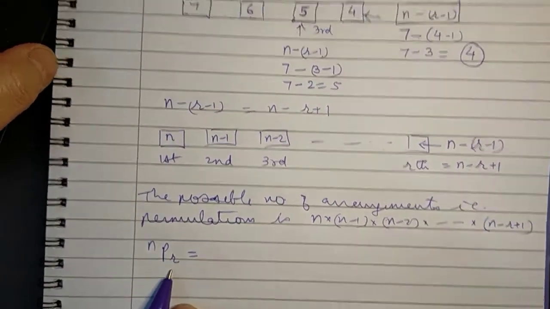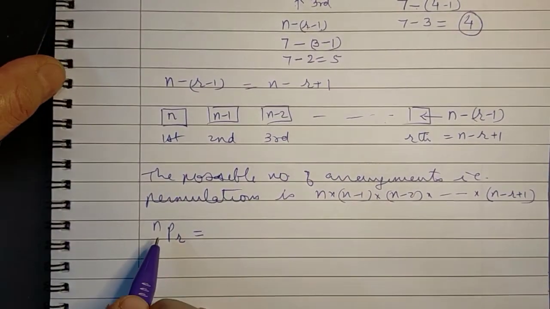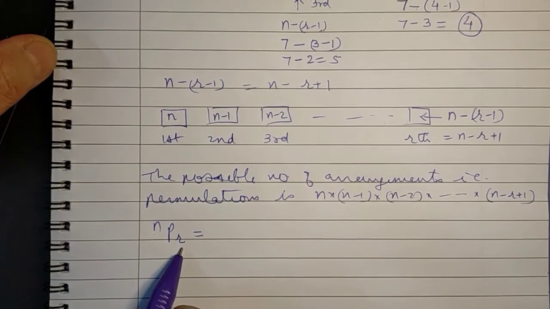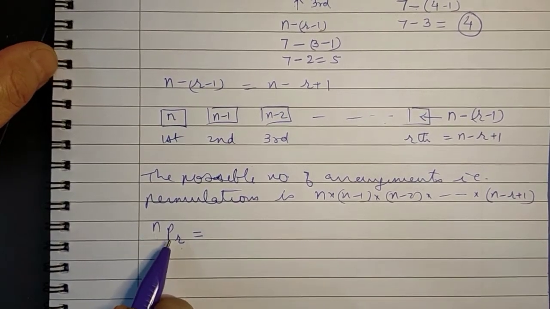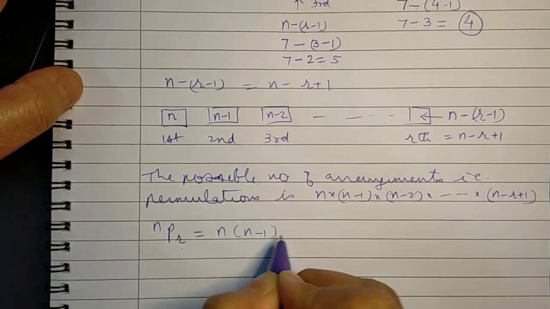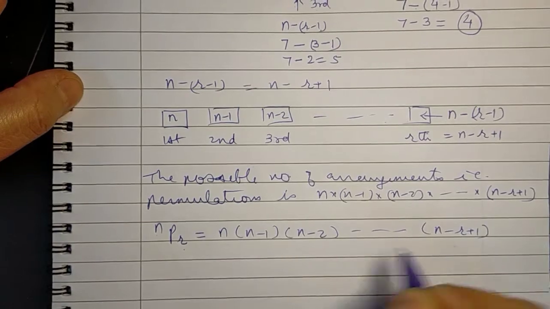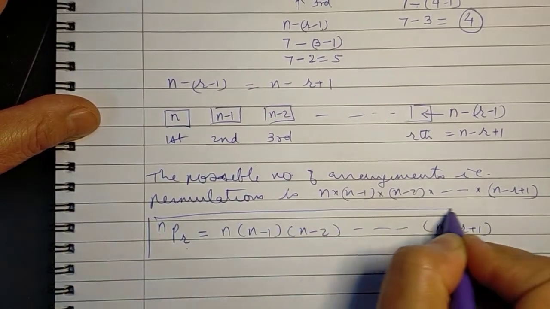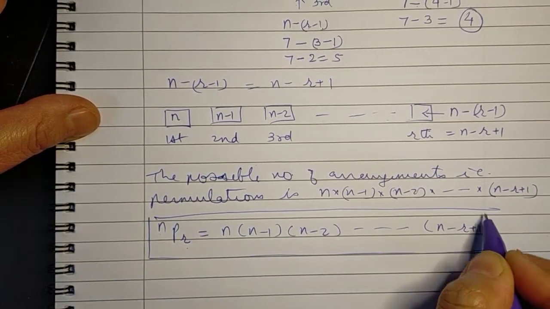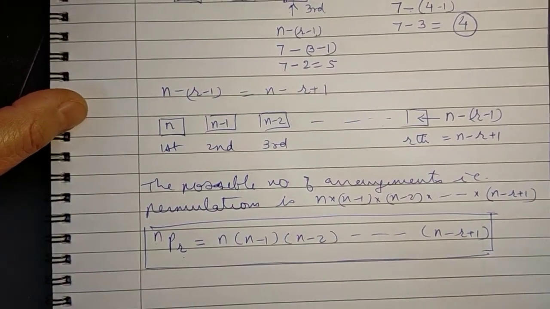This is a symbol for writing the permutation of n things taken r at a time. This is what the first theorem is.